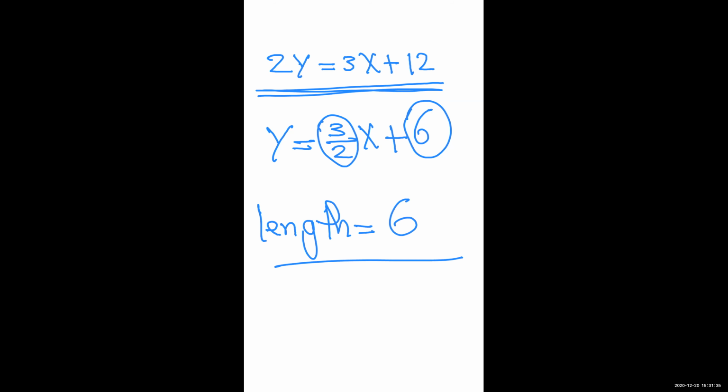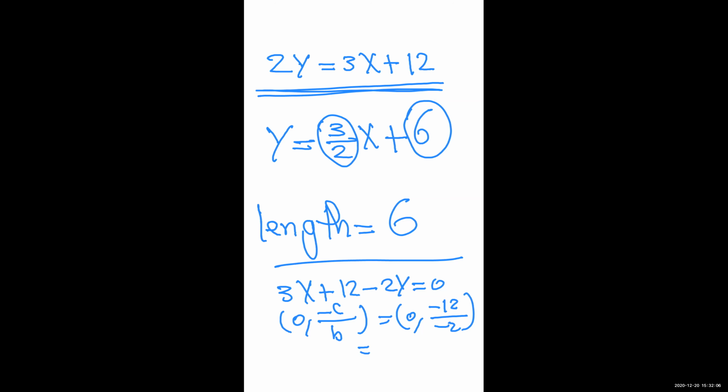Otherwise, we can make the equation equal to 0, so 3x plus 12 minus 2y equals 0. Now, we said that the intersection point with the y-axis is 0 and negative c over b. Where c is 12, so negative 12 over b, and b is the coefficient of y, so negative 2.